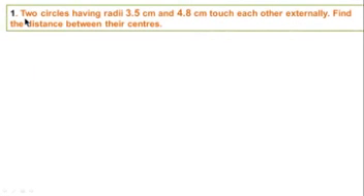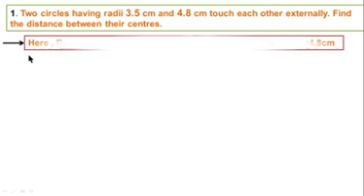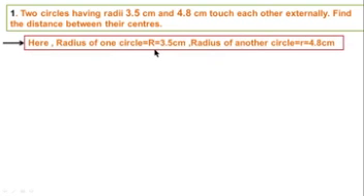Here, first, two circles having radii 3.5 cm and 4.8 cm touch each other externally. Find the distance between their centers. Here, the radius of one circle, R, is equal to 3.5 cm. The radius of another circle, r, is equal to 4.8 cm.